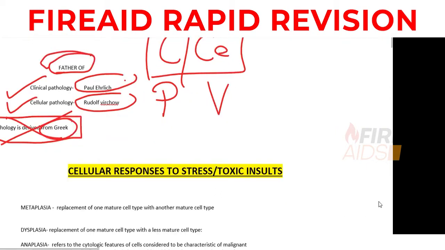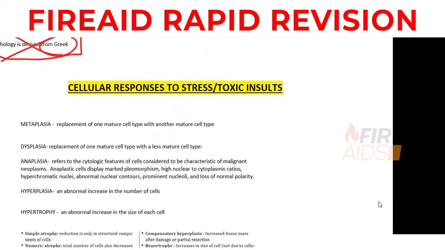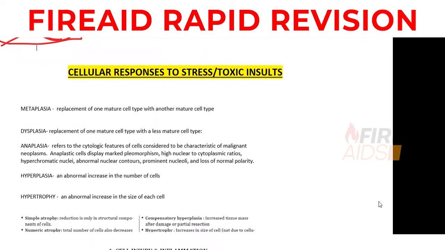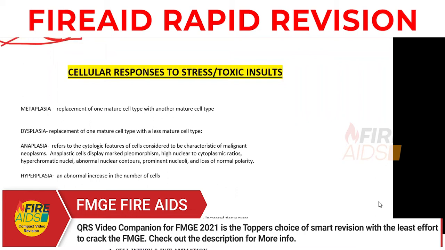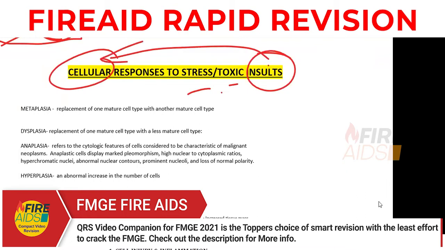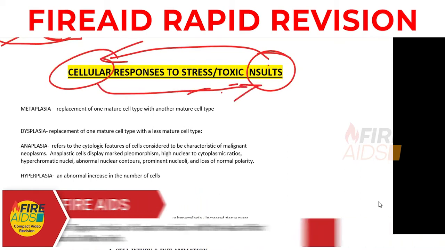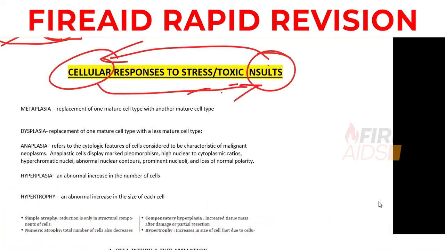In pathology, the first topic is going to be a cellular level topic, in which a cell gets affected, or we can say when a cell gets damaged because of stress or toxins, this is called an insult. What an insult does to a cell is it injures the cell. How the cell responds to that insult is what we are going to see.